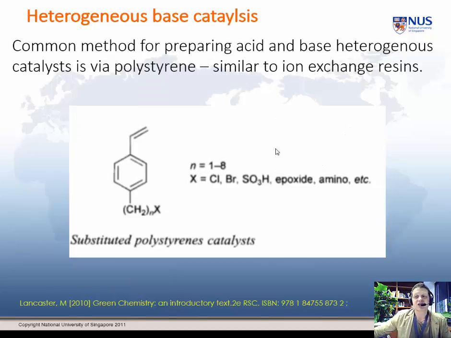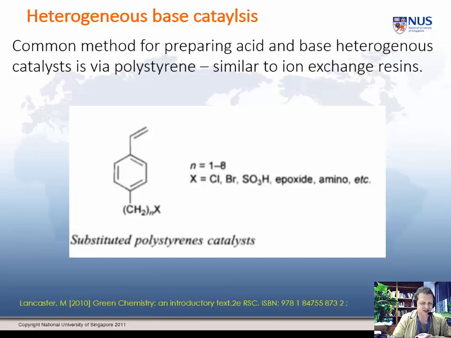Okay, so we talked about silica and silanizing silica, where the silica is a support. The other support that's often used is polystyrene. It doesn't have a particularly well-defined structure, but it does swell in solvents, so it provides a very high and accessible surface area which you can carry out reactions on.